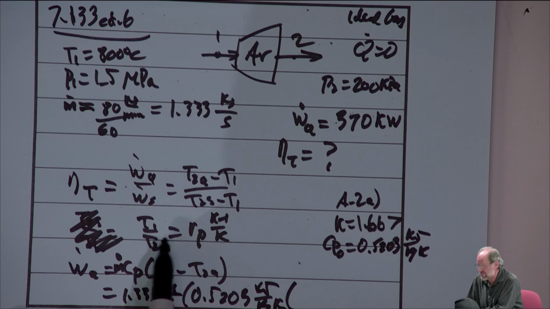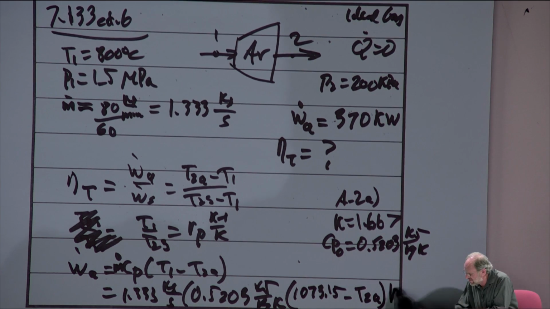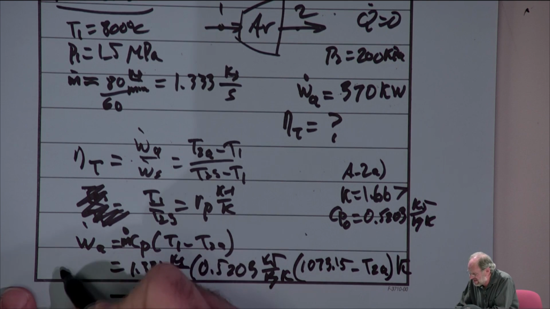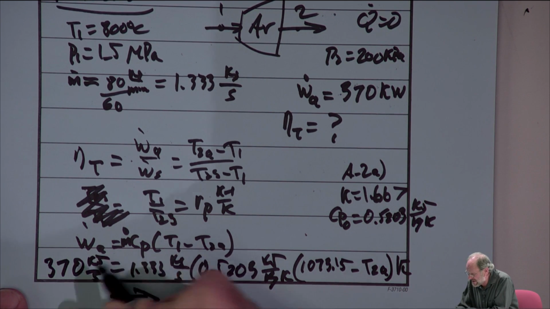I mean, we can't use this temperature ratio equation above unless it's in Kelvin, right? So this would be T1, which is 1073.15, minus T2 actual. And if we go through the mathematics, this equals 370 kilowatts, which is kilojoules per second, right?